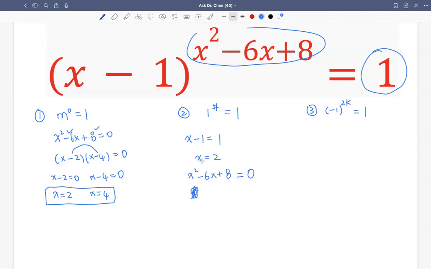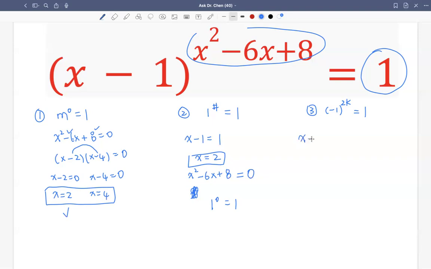And so x minus 1 raised by 0 is 1. So yes, indeed, this solution is here already. We don't need to check. So the solution from the second case is the same as one of the solutions in the first case.